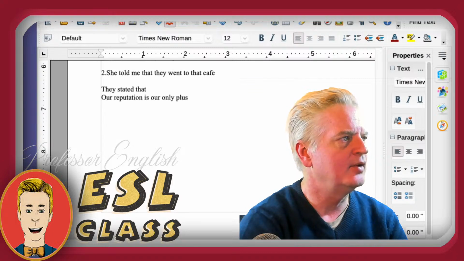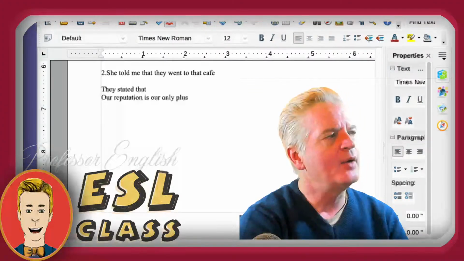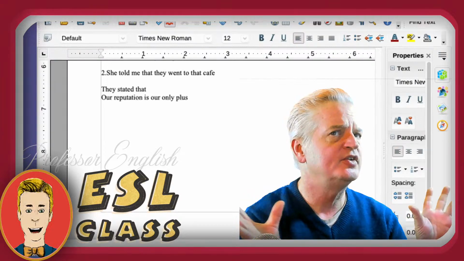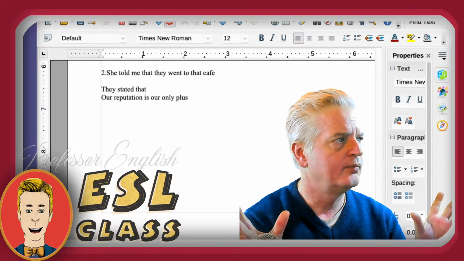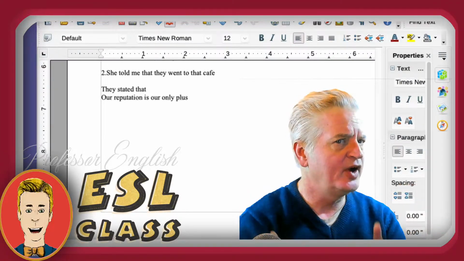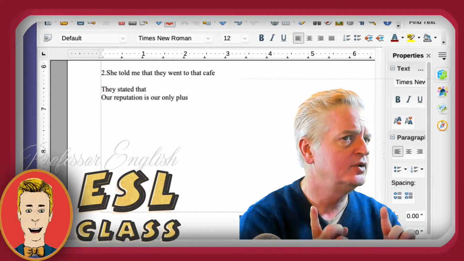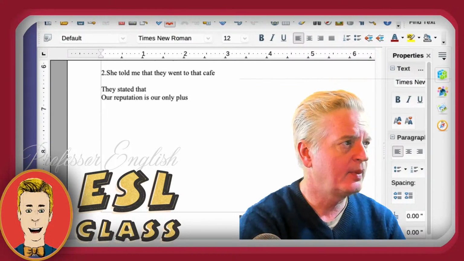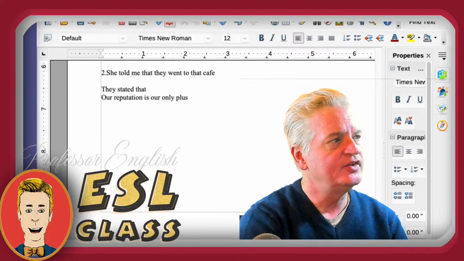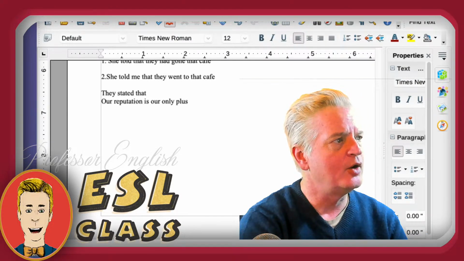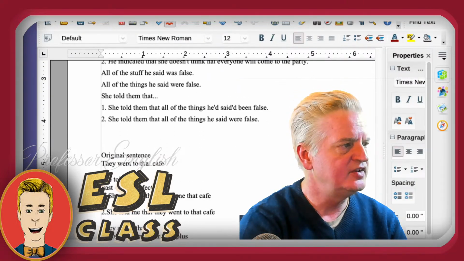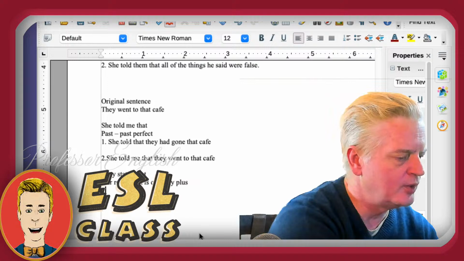Means the same thing, almost. How will you put these things together in a typical reported speech way? You change simple present to simple past. So how would you say that? They stated that our reputation was our only plus.